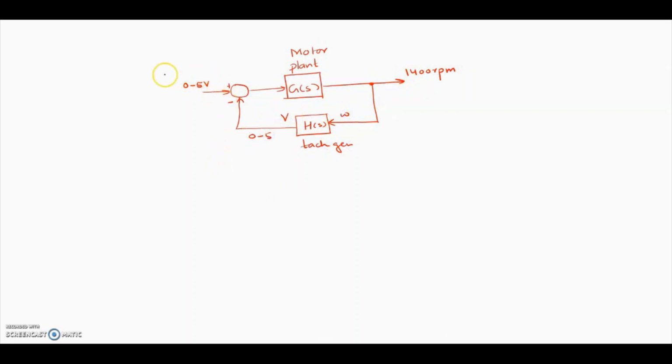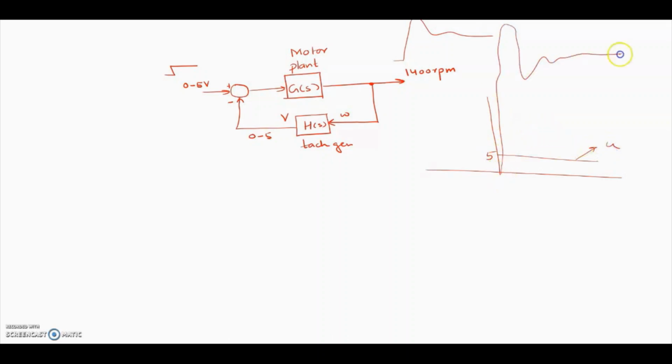Now if you give an input here and you get an output here, you cannot compare these two on the same graph, right? If you compare it, it will be 0 to 5 here. So let us say it is 5 volts. This is your input, and output will be a very large value, which is 1400 rpm. So you cannot compare these two. However, you can compare this with this, right?